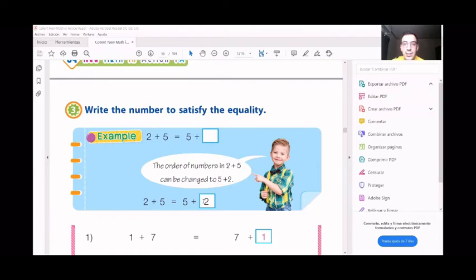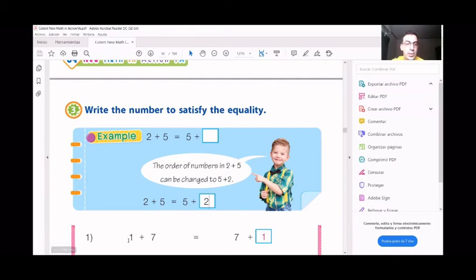So we can guess the number that is lost. 2 plus 5 equals 10, right? Now, what number should we add to 5 to get 10? So we can fill it in here even if we switch the order.